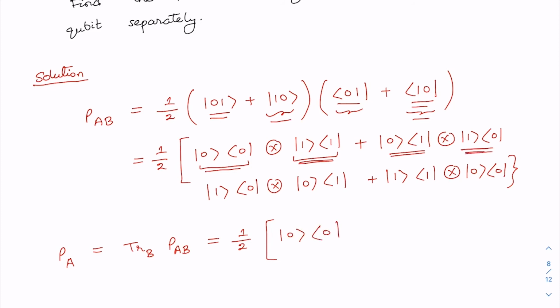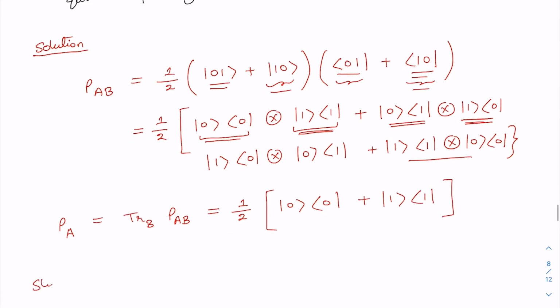This term would go to 0, because the scalar product of 1 0 would be 0, and I will be left with finally this term. From this term I will have ket 1 bra 1. Similarly you will get rho B: I have to trace out A from rho AB, and here I will get half (ket 1 bra 1 plus ket 0 bra 0).